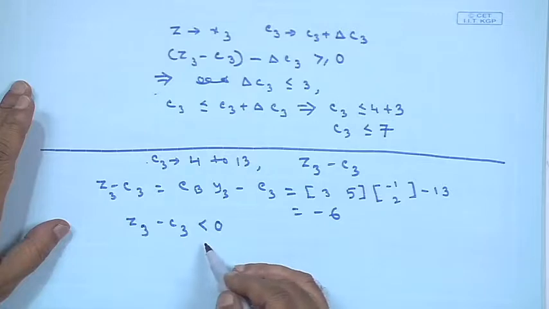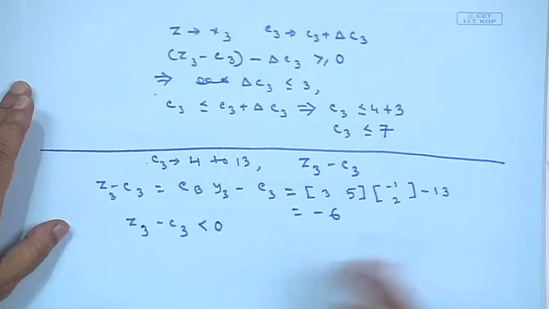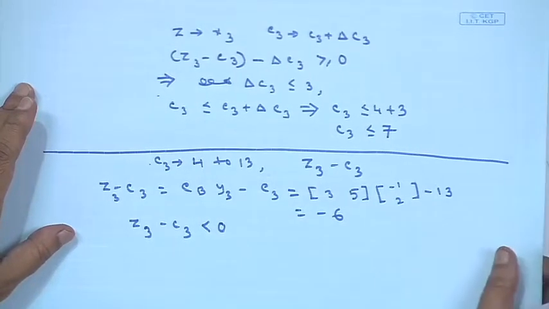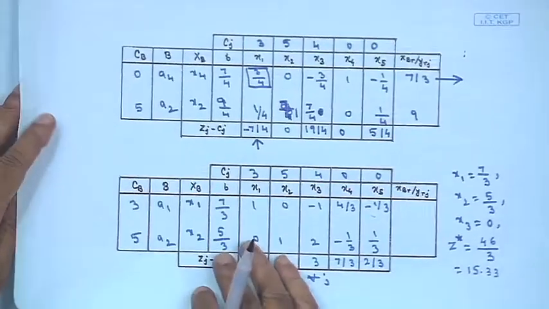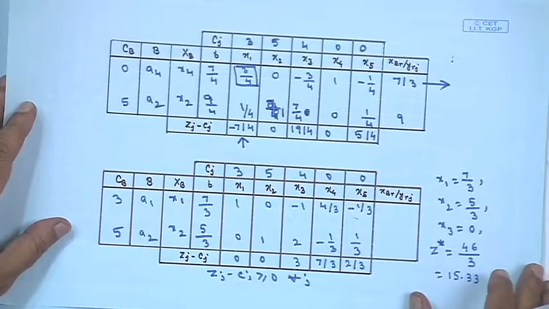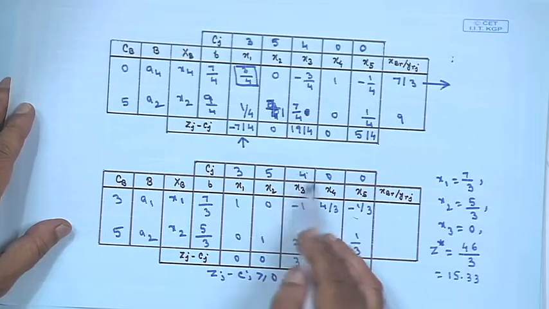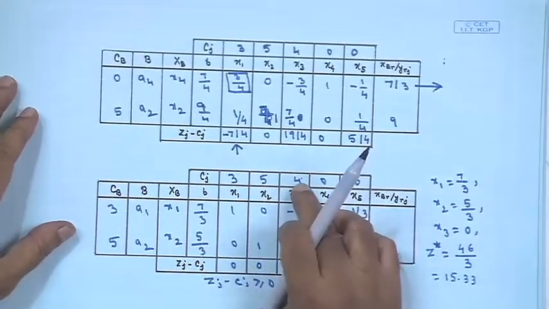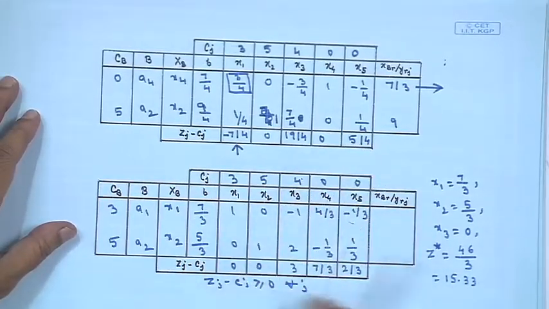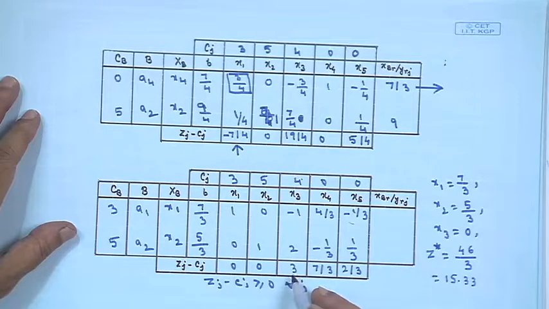Since it is becoming negative, the current optimum will not remain optimum in that case. So, the non-basic variable x3 will enter into the basis. This will be changed to 13, and then we will recalculate the value.